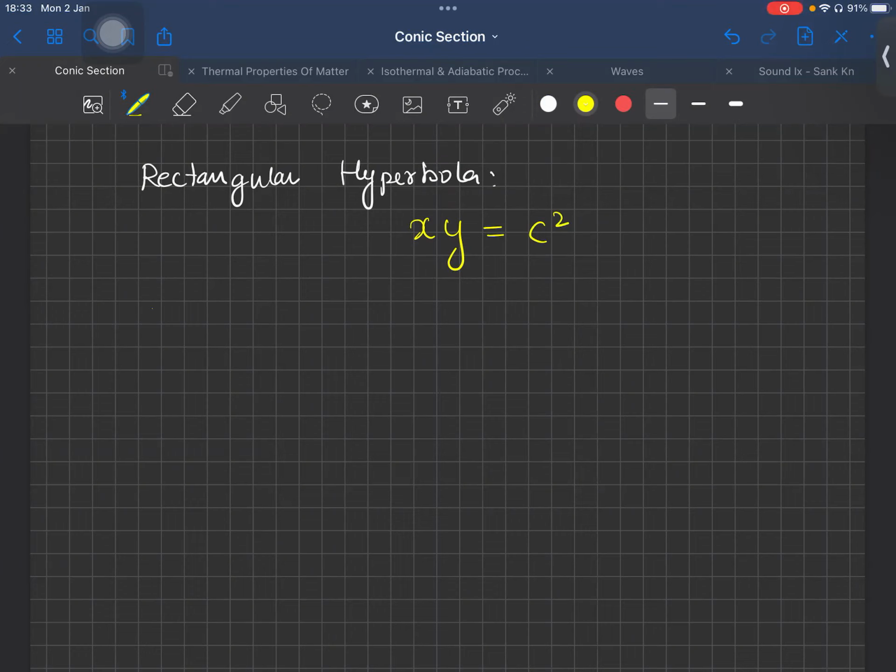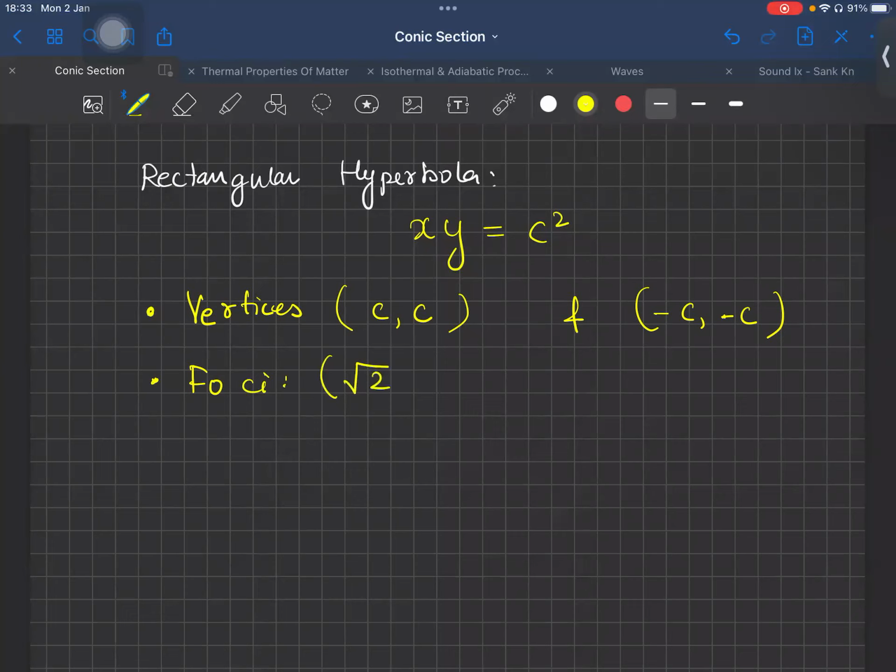Okay, so the vertices of this hyperbola are (c, c) and (minus c, minus c). The foci, whatever you say, are at square root of 2 times c, because eccentricity e is always equal to square root of 2, right? Because it's a type of equilateral hyperbola.